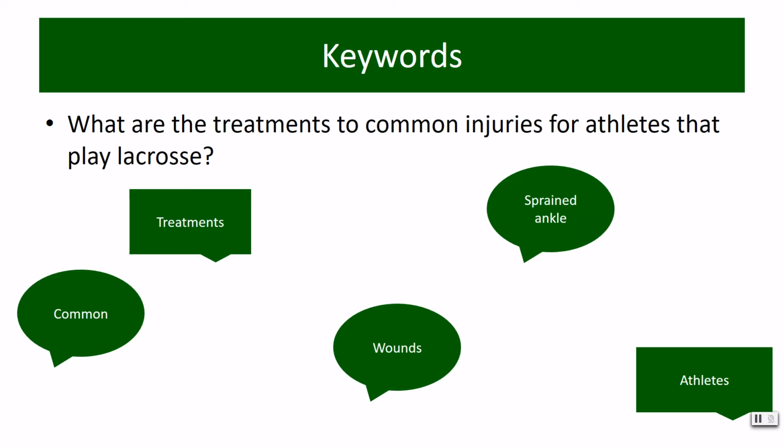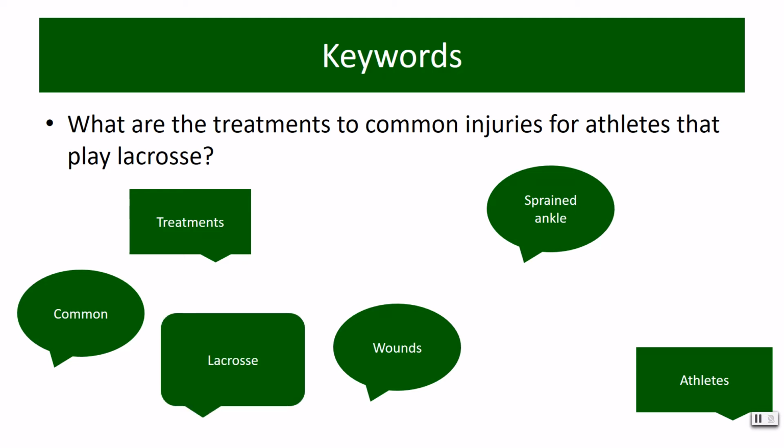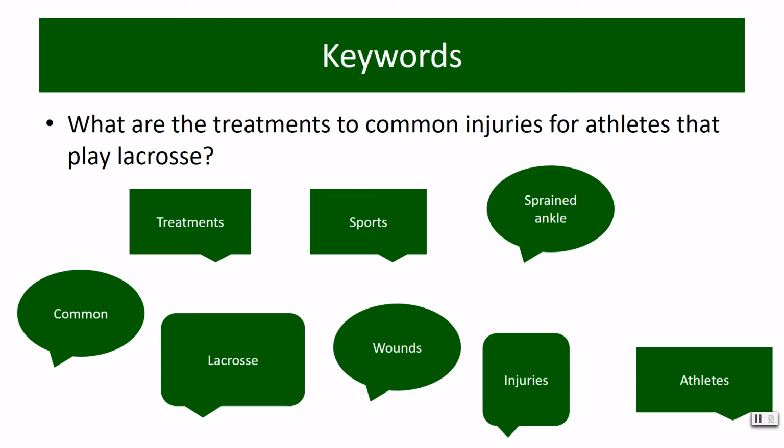So we're going to want to use that as a key term. Lacrosse, that's the sport we're looking at. So we also could just use the general sports. We could use injuries again in our question. And therapy. Therapy is a synonym to treatment, so that would work as well. So all of these terms are an option for us to do our searching in the databases.